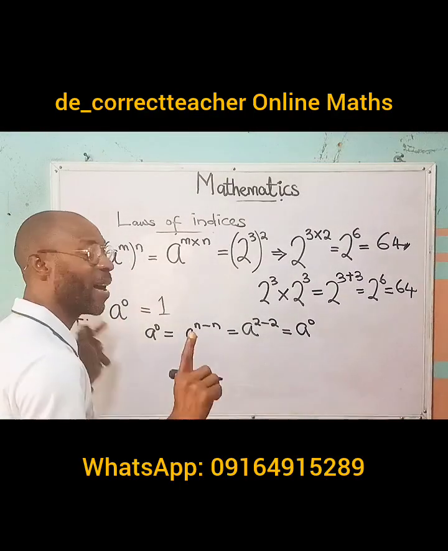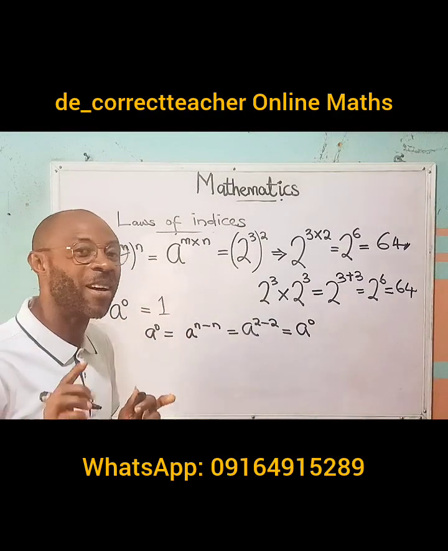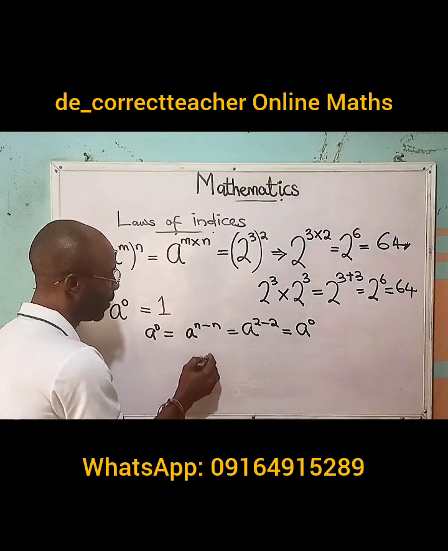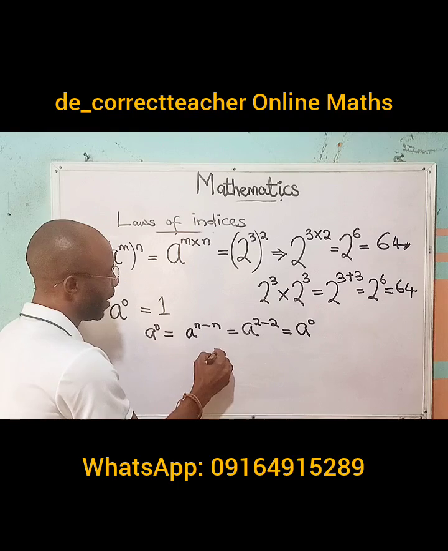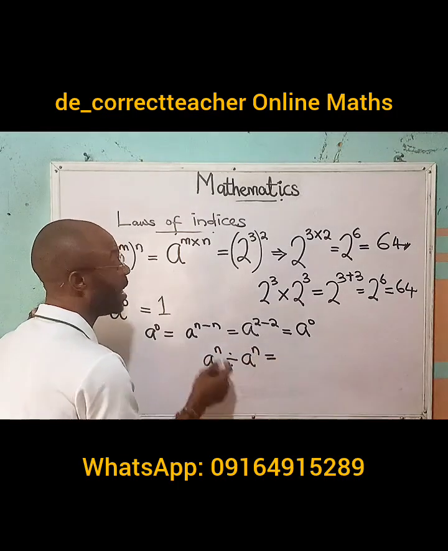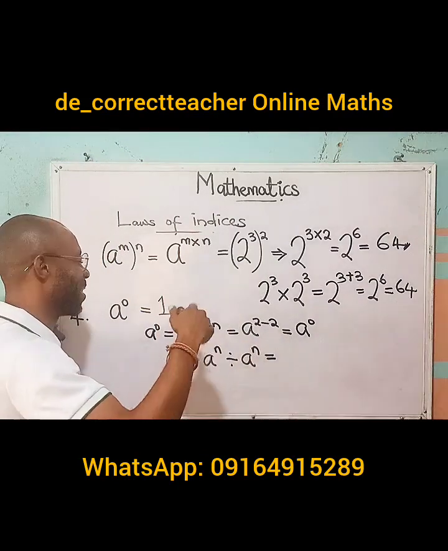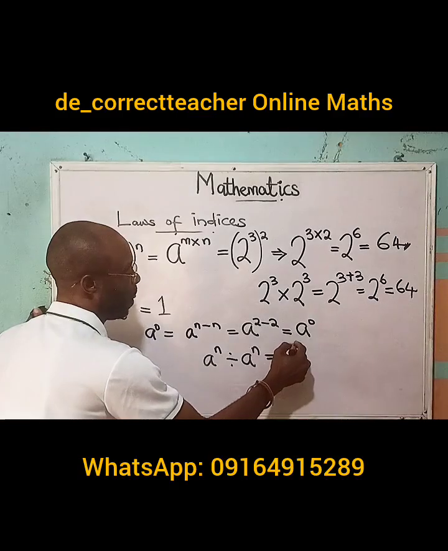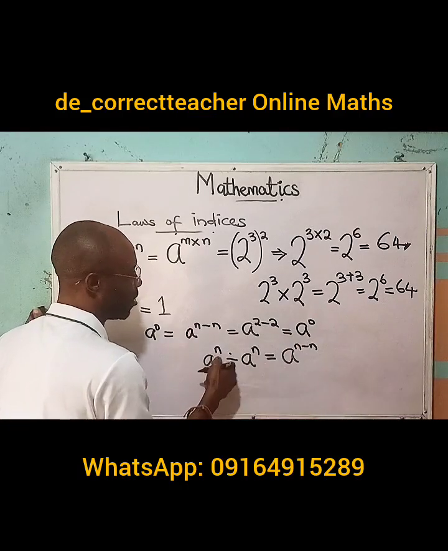Now, if we remember law number 2, it tells us that if we have A^N divided by A^N, the same, I will take one of them and say N minus N, because of this division sign, I will subtract.